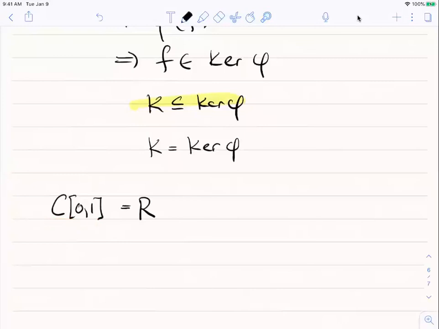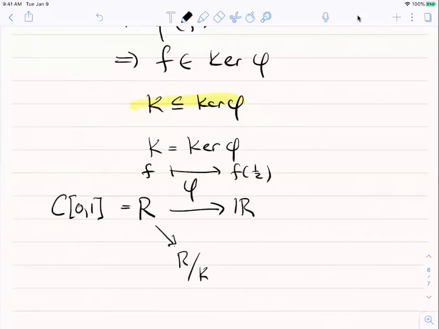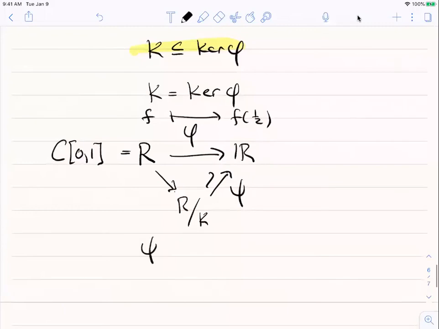And we took that R and mapped it to the real numbers by sending a function to its value at 1/2. 1/2 wasn't arbitrary, because that made K, those functions that vanish at a half, its kernel. And so the fundamental homomorphism theorem says that the function psi that sends a coset to its representative's value at a half is a ring isomorphism.